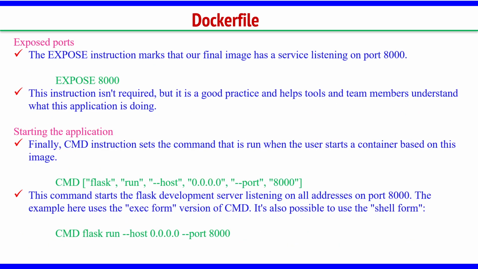Next one is the port. Now, once I am converting that code plus the dependencies into an image, right, it is a web app. So, I want to expose it, I want to see that code. So, we are using the expose instruction on a port, right. The expose instruction marks that our final image has a service listening on port 8000, the default port 8000, right.